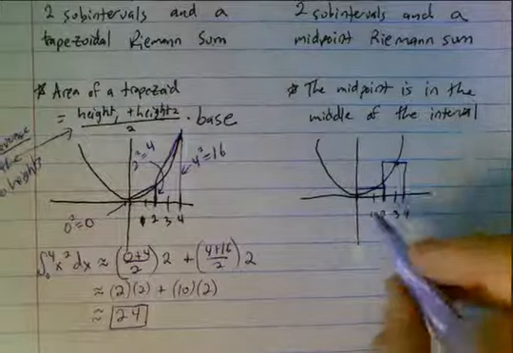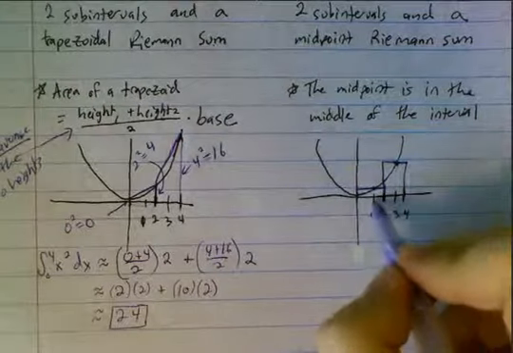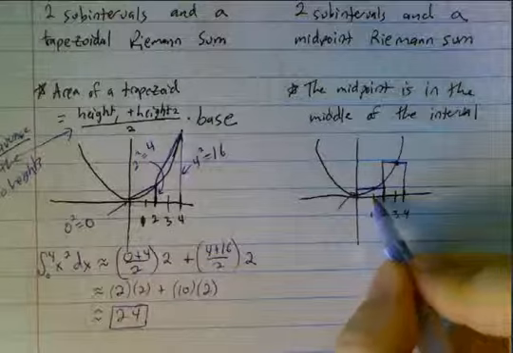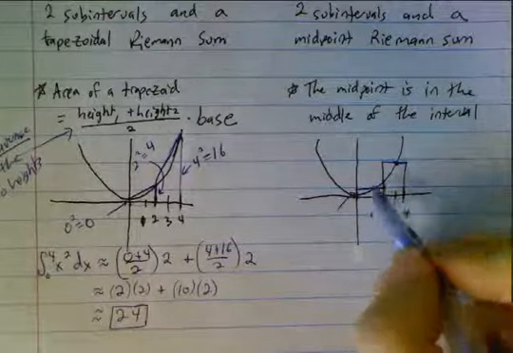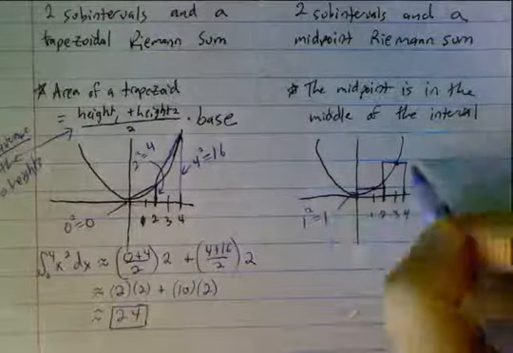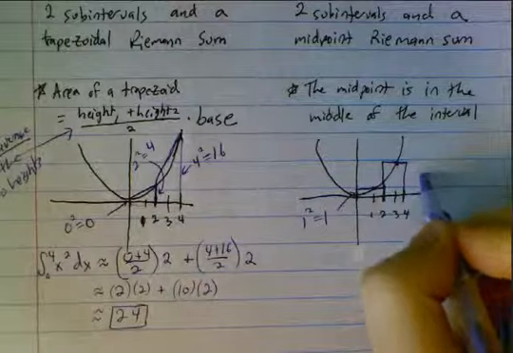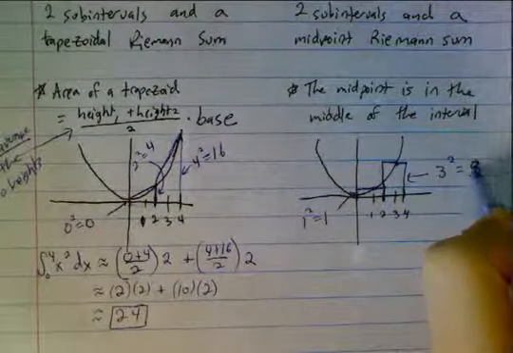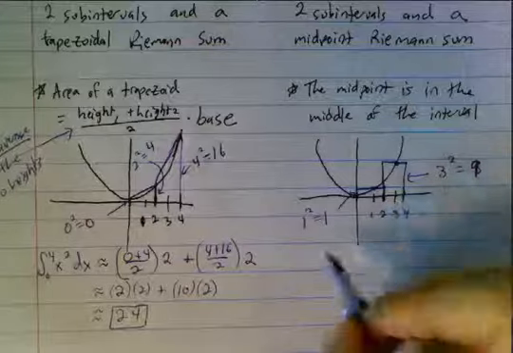So here what we're going to find is, if I'm finding the height of this one, I'm going to use this 1 to find the height, because that's right in the middle. So 1 squared equals 1. Over here, this height, 3 squared, equals 9. And then there's widths of 2 again.